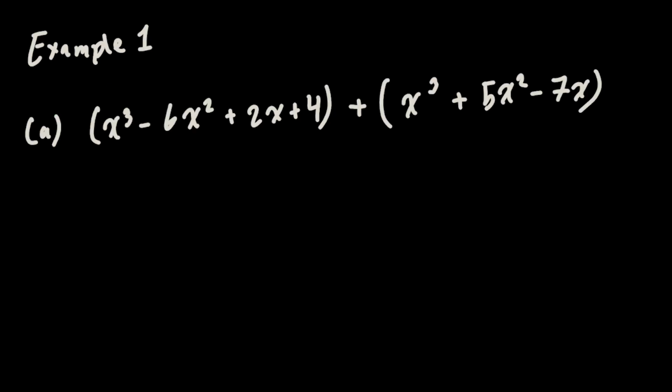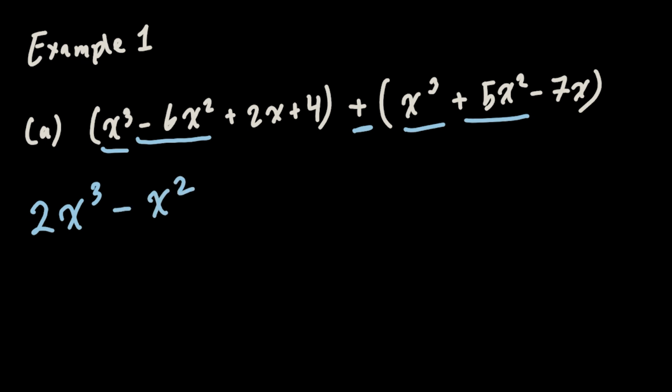Let's see an example. Example 1 part A gives us this long expression and wants us to simplify it. So the first step, we have to combine the like terms with each other. Here we have x to the power 3 and here we have x to the power 3, and the summation is 2x to the power 3. Here we have a minus 6x to the power 2 and here a plus 5x to the power 2. When we sum these two terms, we will have minus x squared.